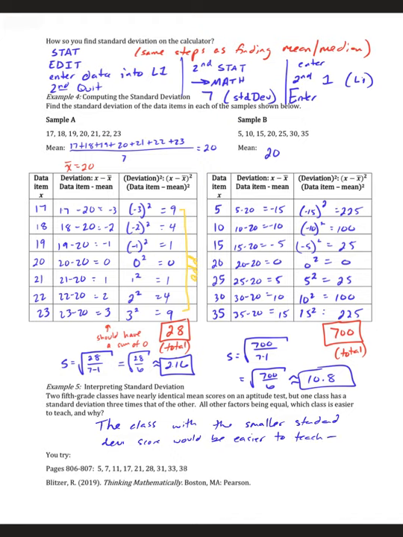Now, why is that going to be? We're going to think of that as it's going to be easier to teach because all those students are going to be around the same level. Whereas if you have a larger standard deviation, you might have a student that really struggles mixed in with a student that excels really well. But if they have a smaller standard deviation, the students will all be at a similar level.